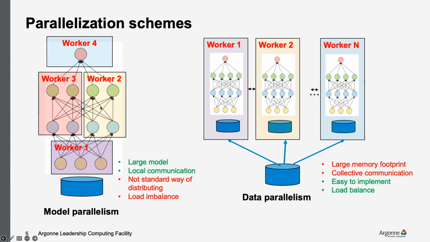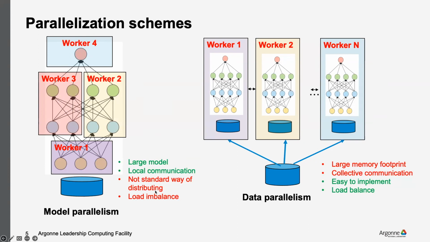And nowadays, people are more and more focused on model parallelization because we are dealing with LLMs. In terms of communications, essentially the workers just communicate with nearby workers. For example, worker 1 communicates with worker 2 and worker 3 because it has to send its output to workers 2 and 3.